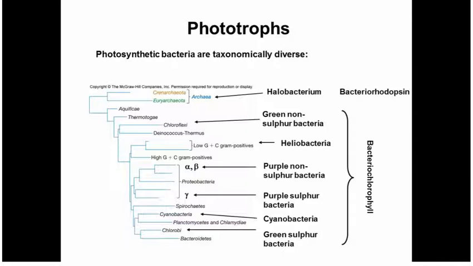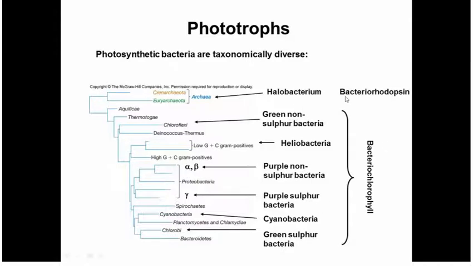Now, the last thing we have to think about is photosynthesis, phototrophs. So the point of this slide here is to show you that there are many different types of photosynthetic bacteria. There are photosynthetic archaea, for example, Halobacterium, and there are many types of photosynthetic eubacteria.